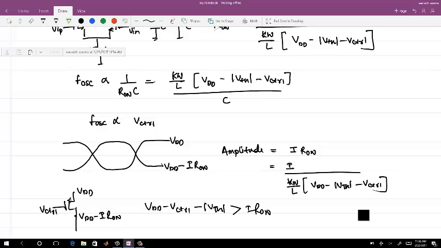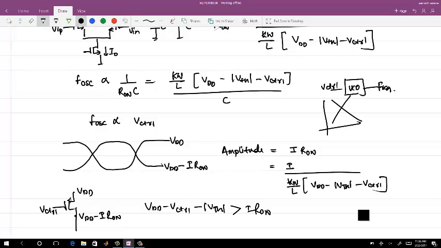When you are making any VCO, you should check the V control to frequency gain, whether it is positive or negative. If you do not take this into account and you just close the loop, the PLL may not work at all. This is very important. Sometimes it is positive, sometimes it is negative, depending on how you control it.